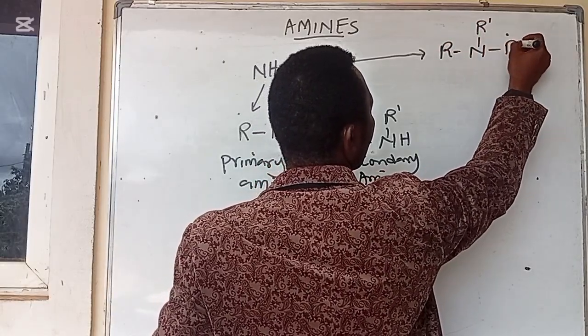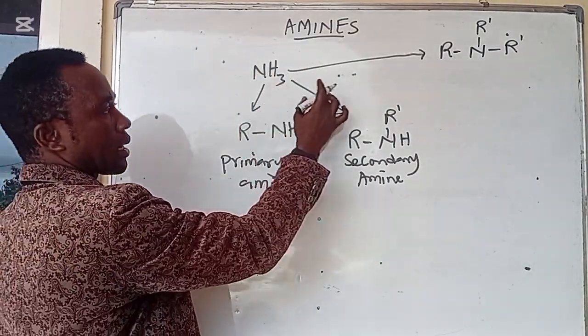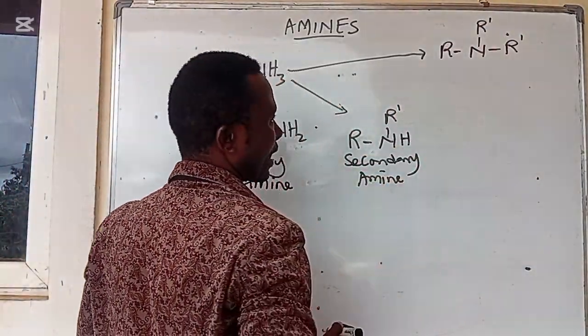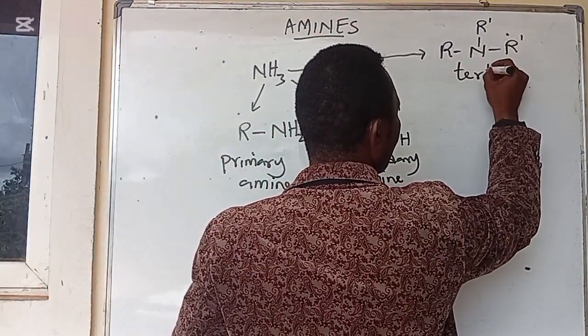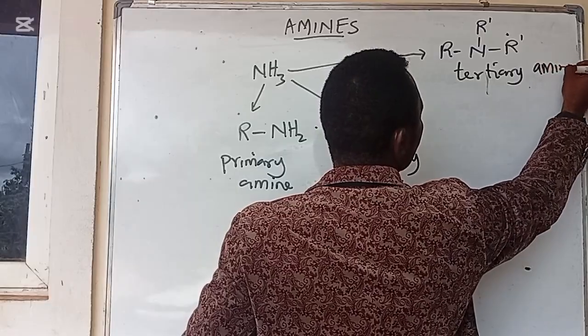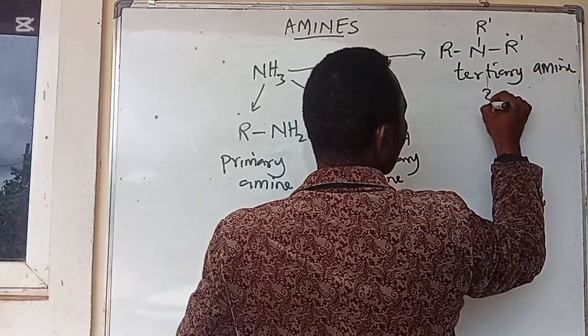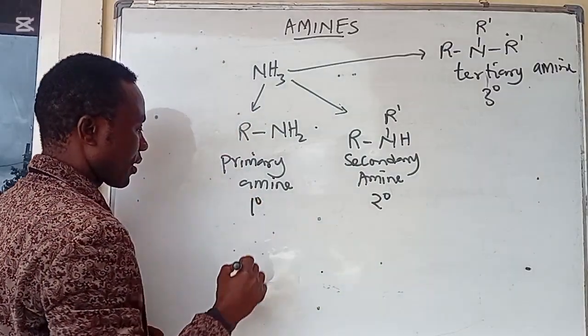So the three hydrogens are replaced by what? By an alkyl group. This is a tertiary amine. That is a tertiary. This is a secondary. This is primary.